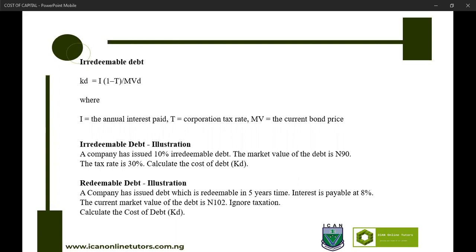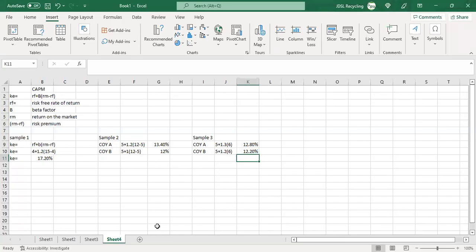What is our interest rate on this debt? 10%. And the tax rate is given to be 30%, while the market value of the debt is 90 naira. So let's calculate the cost of the debt.